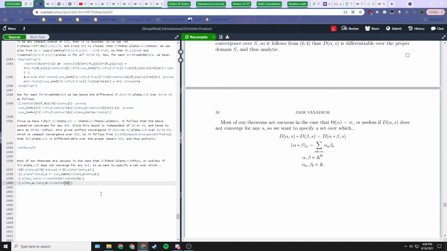Yeah, so essentially the problem is, we already have alpha a and beta b in A, which is C to the n. We already have this property. So I don't know.